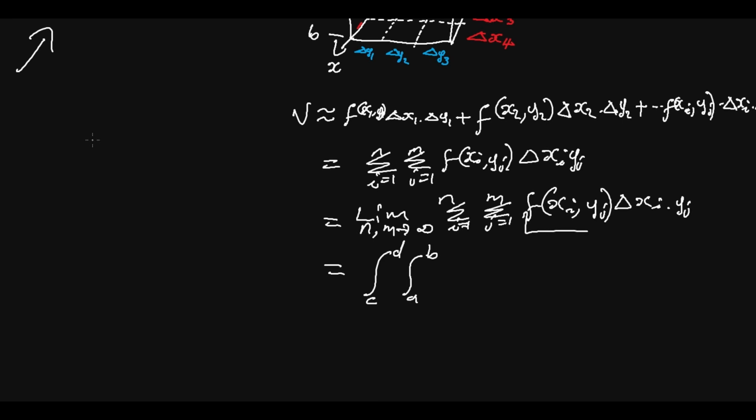So what are we having inside? We are having f of x, y. Remember the i's and the j's will fall off now when we put integration. The deltas will be replaced by the d, so it's a dx dy here, right? So this is the volume that we get.